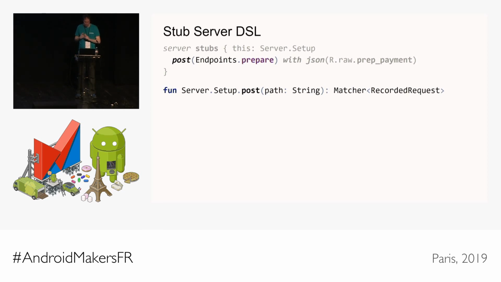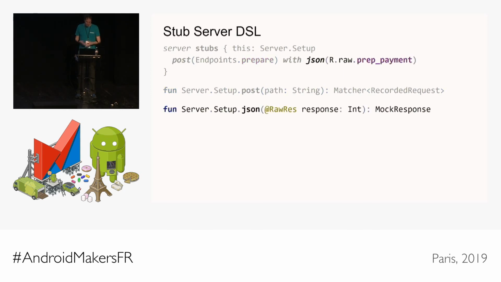The post function will create a Hamcrest matcher that matches an OkHttp MockWebServer recorded request. And that post method is only available inside the setup block. Same with the JSON. It gets the resource ID, reads the file from the resources, and creates a mock response.